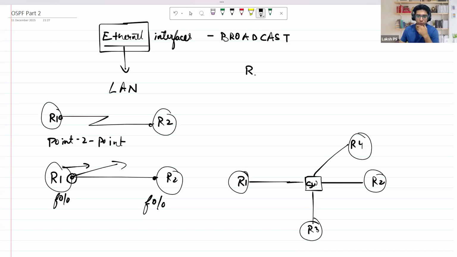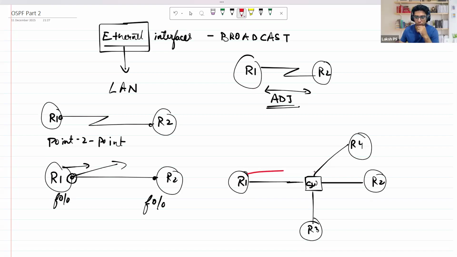For just two routers, R1 and R2, they will form adjacency. Now, with four devices, R1 is going to form adjacency with R2, R1 is going to form adjacency with R3, and R1 is going to form adjacency with R4.